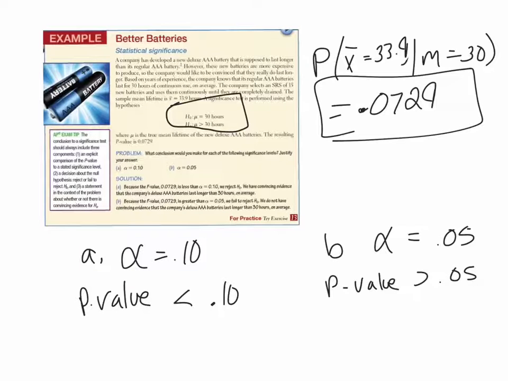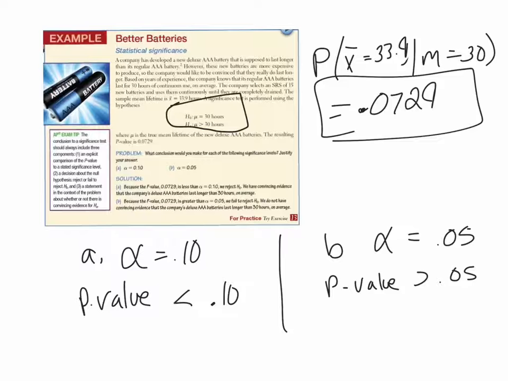We're going to fail to reject the null hypothesis, the original claim. So what that means is we do not have enough convincing evidence to suggest that the company's deluxe AAA batteries last longer than 30. So you can see that threshold.